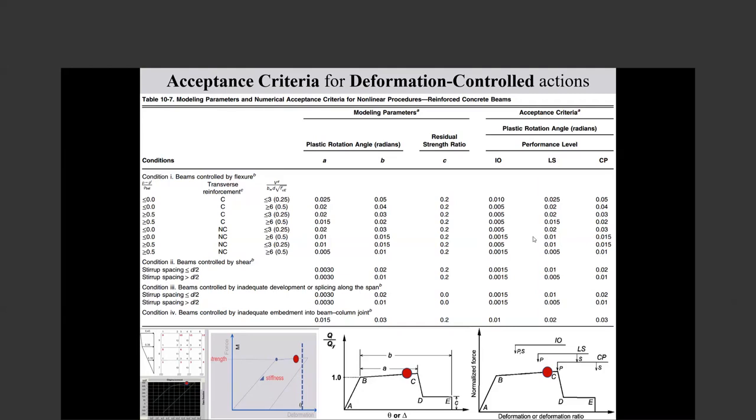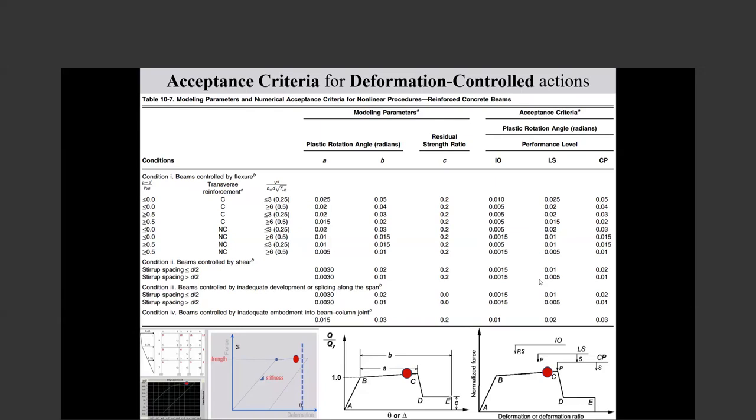The cyclic one is better because it has the effect of cyclic deterioration. But otherwise, this question can be done, no problem. Our dear colleague asked about the nonlinear modeling of shear wall, which is a very good point.